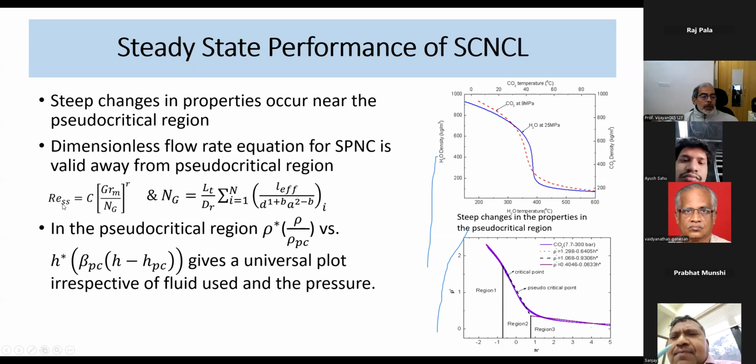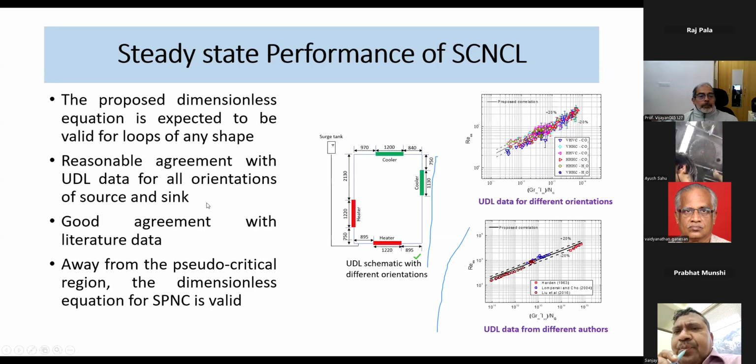However, for the steady state, you can get more or less the same correlation that we are using in single phase natural circulation. Here again, we did experiments and we checked the validity of the steady state correlation. We did experiments only with carbon dioxide and water.